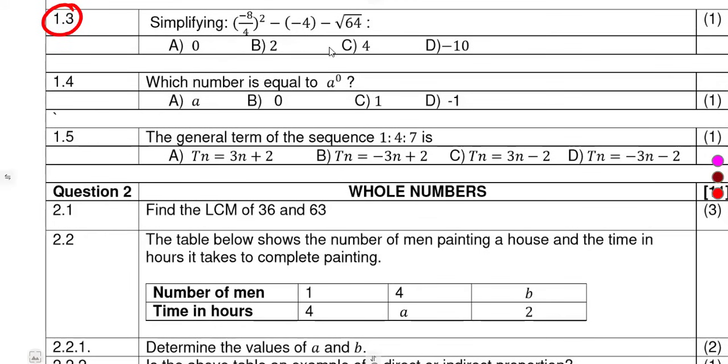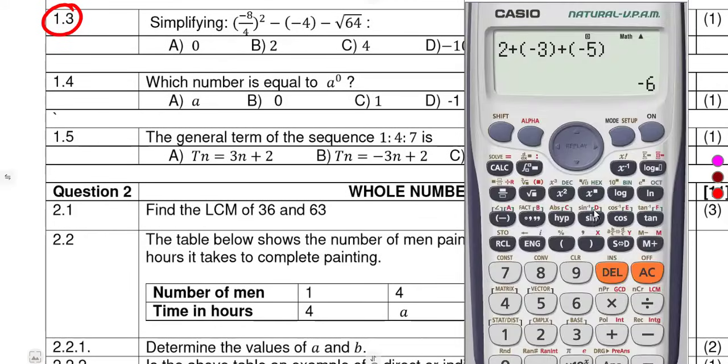On 1.3, simplify this again. If you are in section A, you can just use your calculator. So what are we having there? Open a bracket, minus 8 over 4. Close the bracket to the exponent of 2, that's squared.